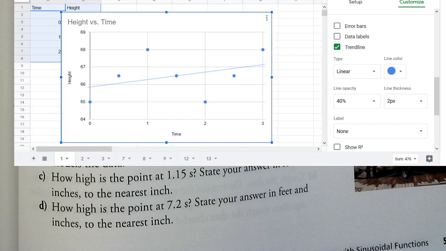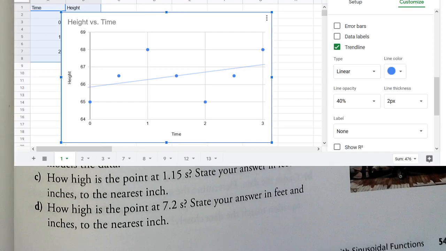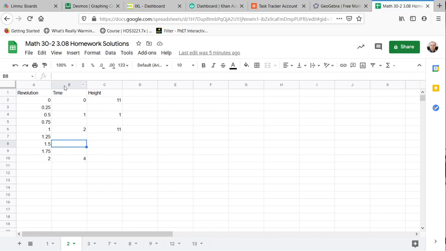For this, we can get some benefit from our spreadsheets here. We can take a look. These time intervals seem to be at 0.5. So I can even say right from the start, each point is 0.5 seconds later than the previous point.